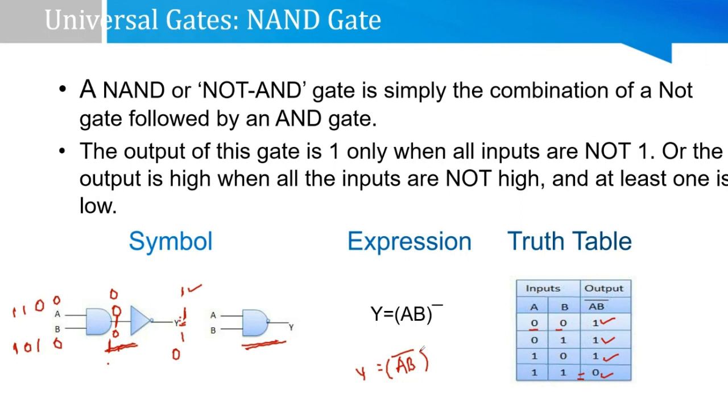Simply, why we need the universal gates: with the help of the NAND gate and the NOR gate, you can implement any gate. Suppose you want to implement the AND gate, you need the logic of the AND gate, but you don't have the AND gate. What we can do is just add NAND gates in your design.